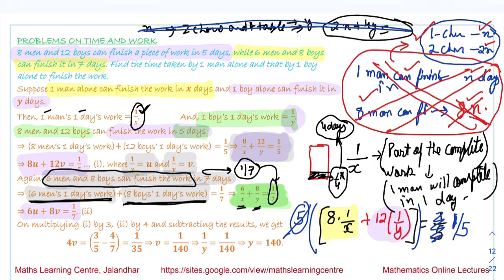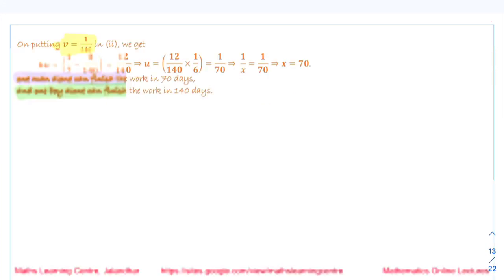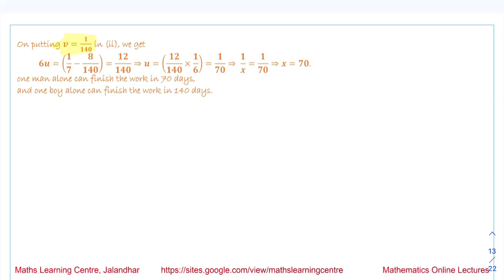And when we solve these two equations, we will get the value of v is equal to 1 by 140, and this gives us the value of y is 140. Now on the next slide, we substitute the value of v and we obtain that the value of u is 1 by 70, and this gives us the value of x is 70.